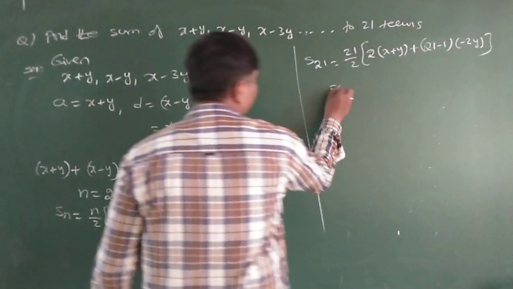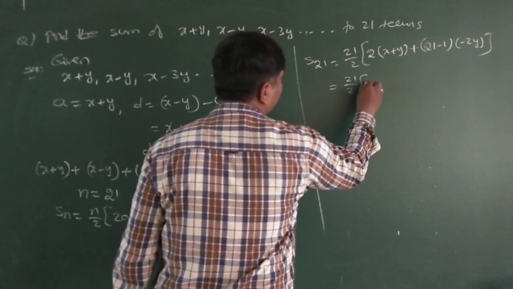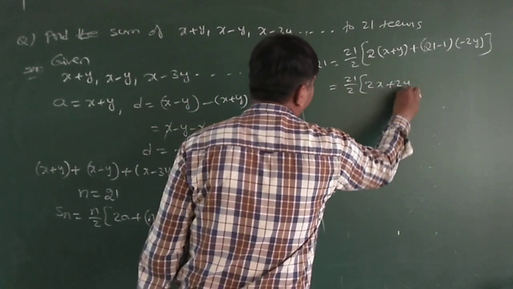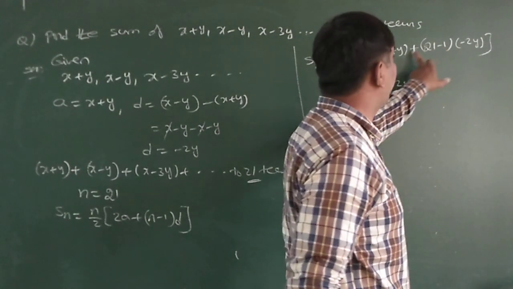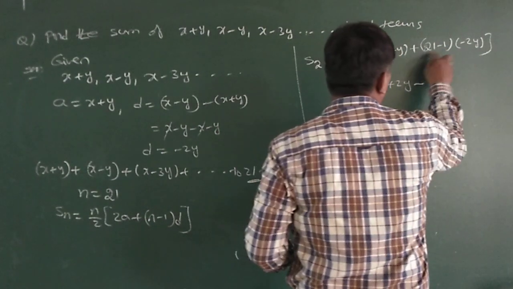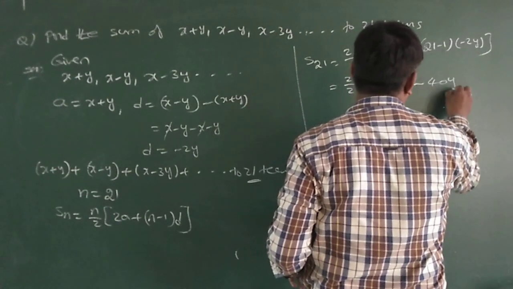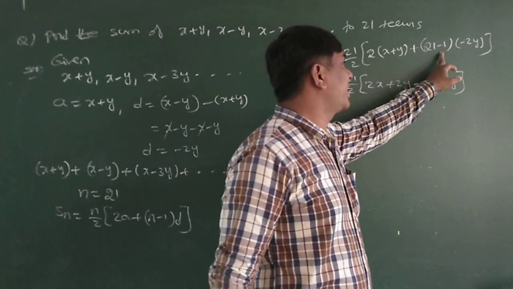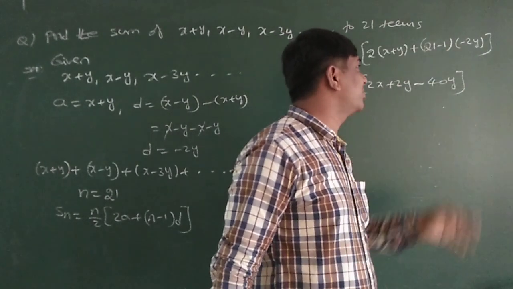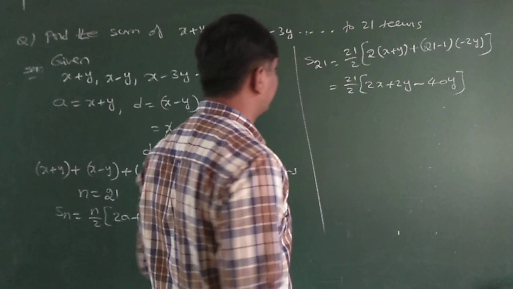That is equal to 21 by 2 into 2x plus 2y, plus 21 minus 1 is 20, plus 20 into minus 2y is minus 40y.